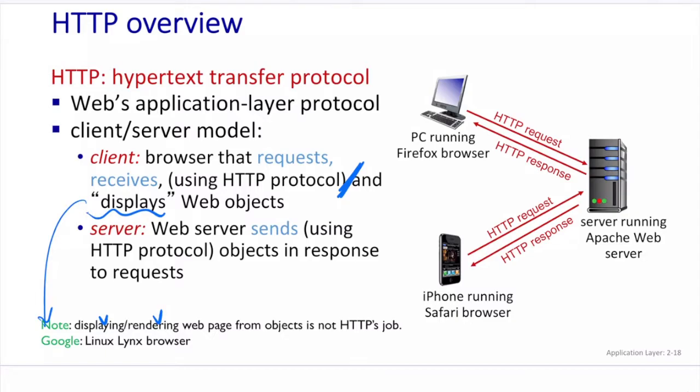The browser has a rendering engine to display those multimedia files, but HTTP only deals with the communication itself. Okay, the web server sends objects, of course, using the HTTP protocol in response to the request.